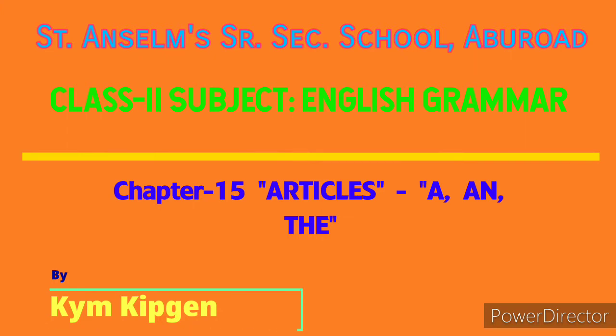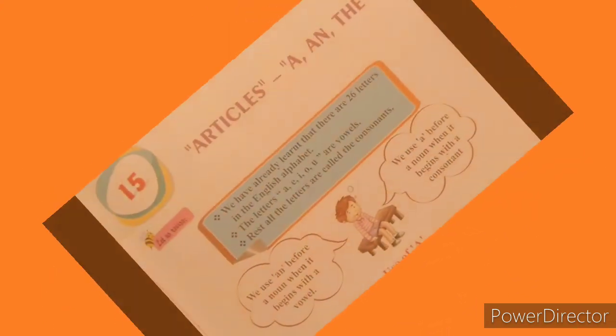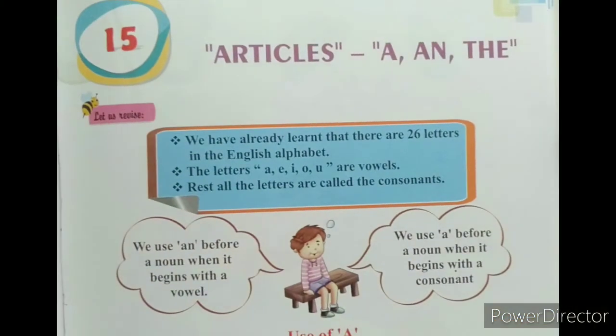Today we will study English Grammar chapter 15, topic articles a and the. Students, we have already learned that there are 26 letters in the English alphabet. We also learned the letters A, E, I, O, U are vowels and all the rest of the letters are called consonants.